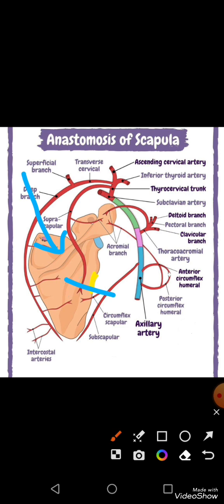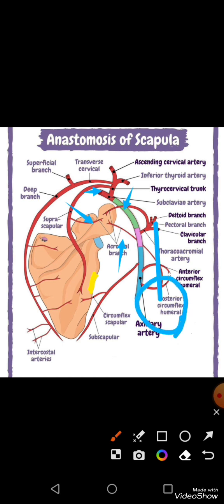Now if we concentrate near the acromion process, here the acromial branches from different vessels are forming an anastomosis. So concentrate, let me change the pen. Now you can see that the posterior circumflex is giving rise to an acromial branch, right?